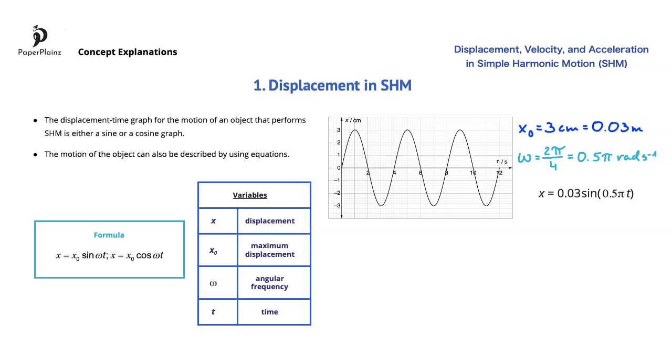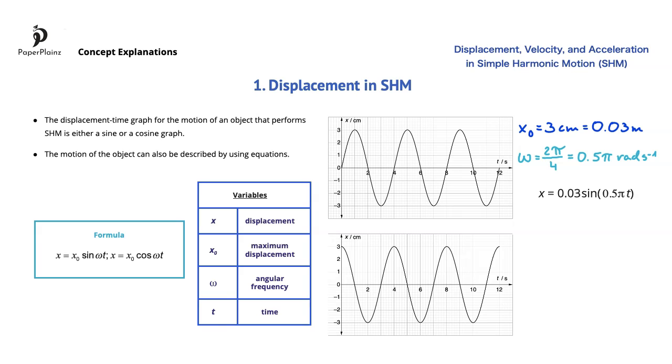Next, let's see what happens when we start observing the particle at a different position, for instance, at one of its maximum displacement positions. In such a situation, the graph looks like this. Since we are observing the exact same motion as before, the maximum displacement and the angular frequency are exactly the same.